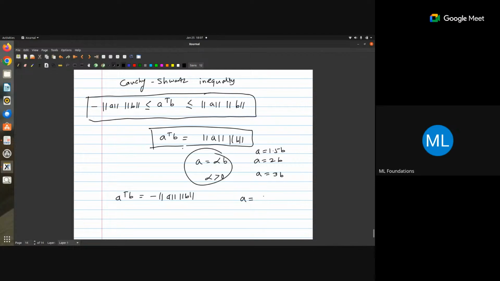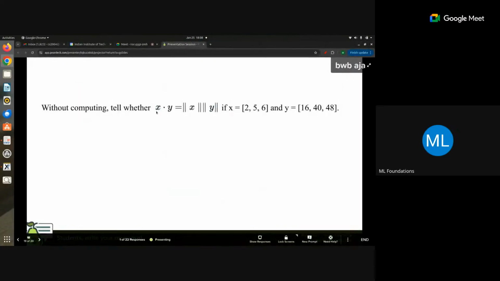I can't say linear combination; what I should say is some scaled version of another vector. So, can the dot product between x and y be equal to the product of the lengths of x and y? We have to tell without computing, and it can be said by using the Cauchy-Schwarz inequality that it is true.